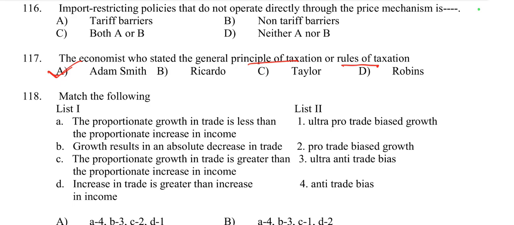There are four canons of taxation: canon of equity, canon of certainty, canon of convenience, and canon of efficiency. These are the basic rules of taxation given by Adam Smith.